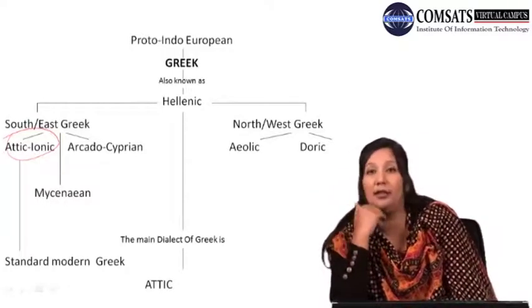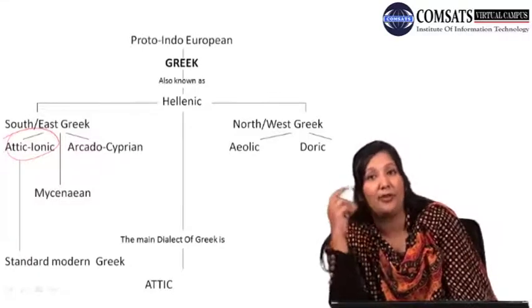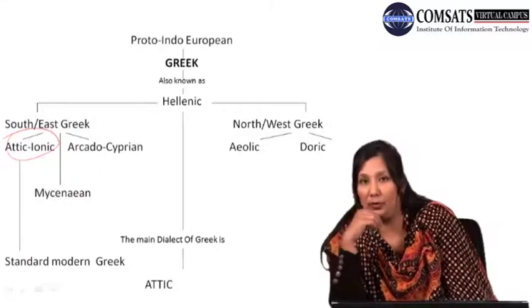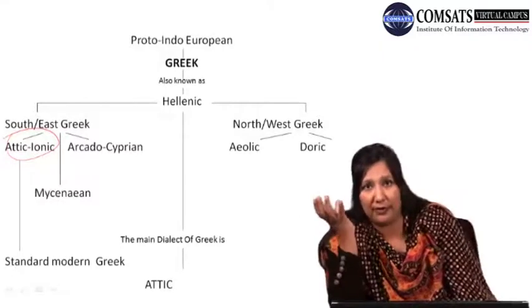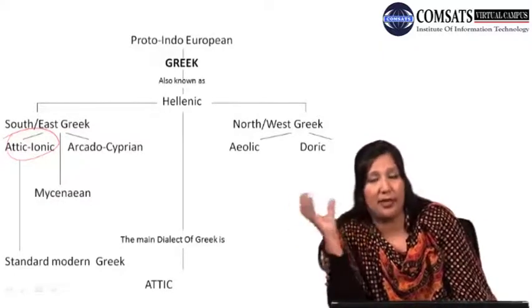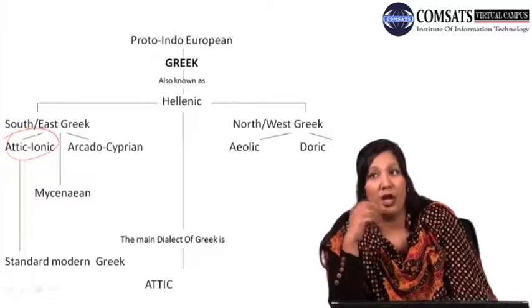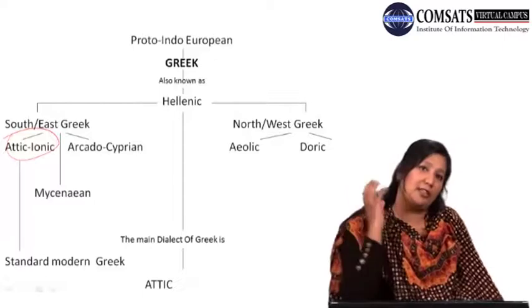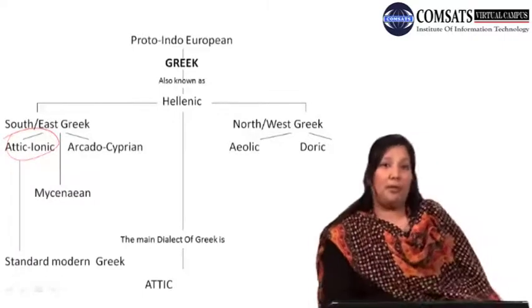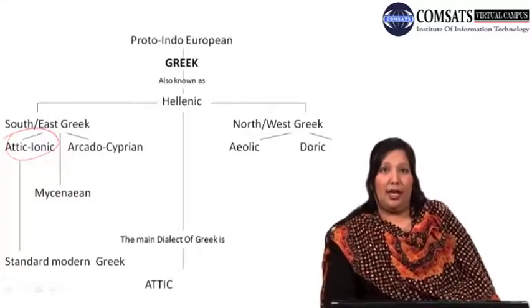A dialect is a regional variety of a language. For example, if we are talking about Greek, it is further subdivided into so many regions. So it may seem that perhaps there is just one language or two languages, but this is not the case.